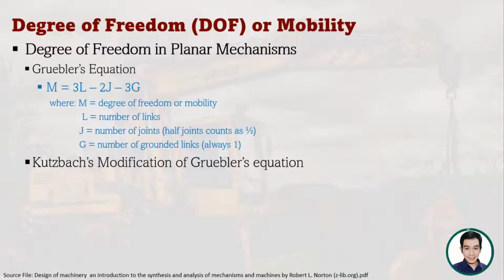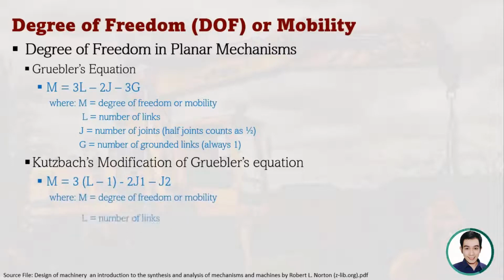For the Kutzbach modification, since G is just equal to 1, and since we can separate the joints as half joint or full joint, Kutzbach has a different equation, and it is given as M = 3(L - 1) - 2J1 - J2. M here represents the degree of freedom, L is the number of links, J1 is the number of full joints.